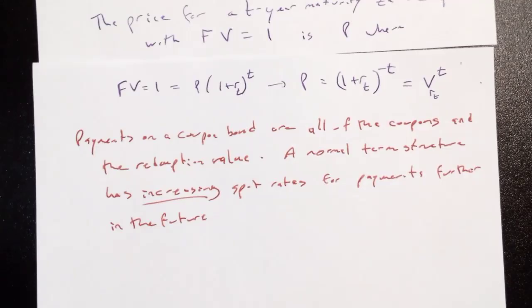If we're in an inverted yield curve, then those term rates go down. It is very rare for us to be in a flat term structure, although those are mathematically the easiest. That's why we were doing them this whole time. Because we're just like, oh, just pick one rate, stick with it for the whole 20 years, or the whole 10 years, or the whole 30 years. That's unrealistic. But it is easy algebraically.